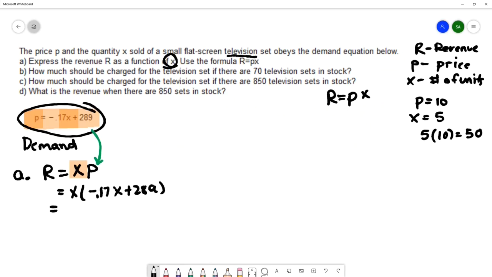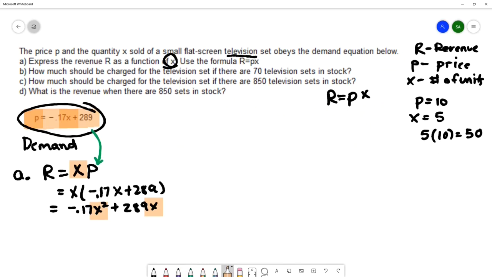I use the distributive property to get negative 0.17x squared plus 289x. So we've now found the revenue function, and it is a function of X. The only variable in this equation is X.